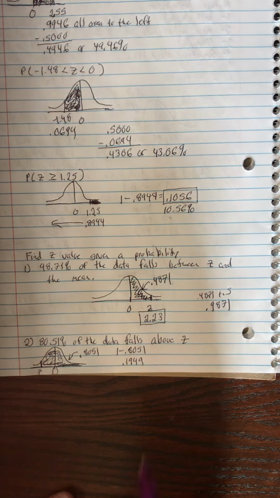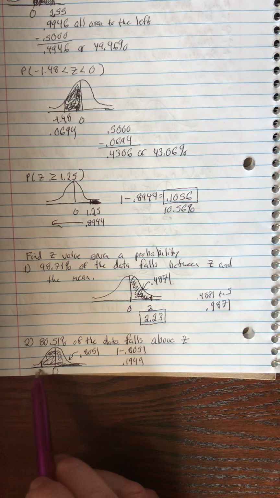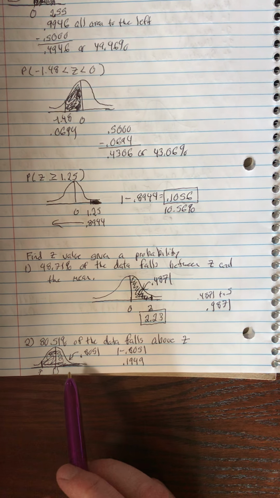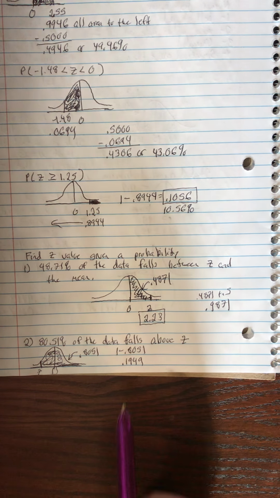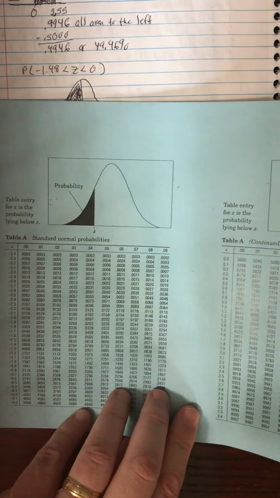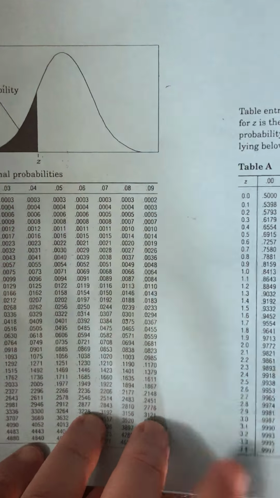Okay. So now I have 0.1949 of my data to the left of z and 0.8051 to the right of z. So let's take a look at 0.1949. Well, I already know that's going to be over here in the negative zone. Okay, so let's see if we can find it.